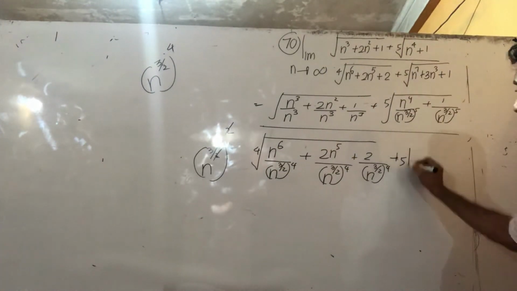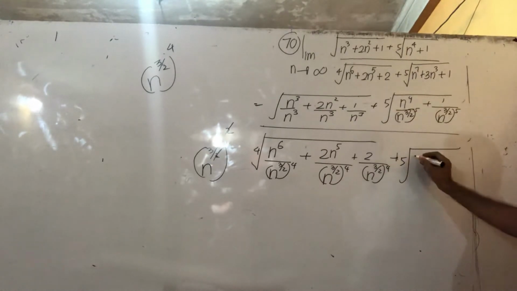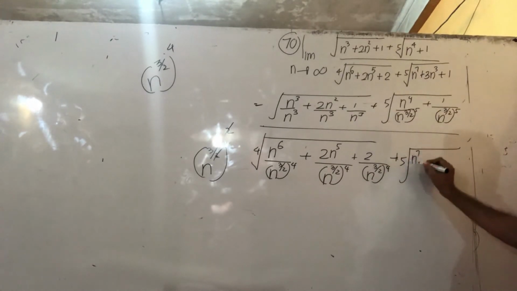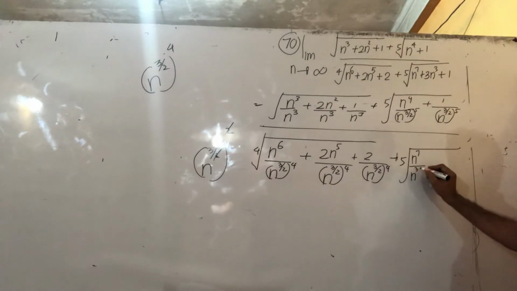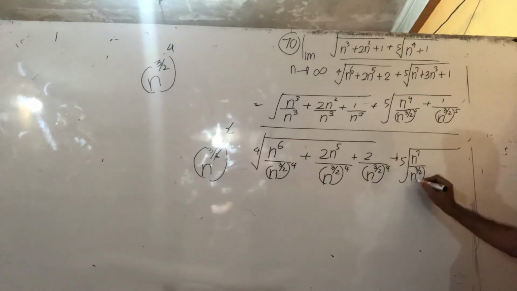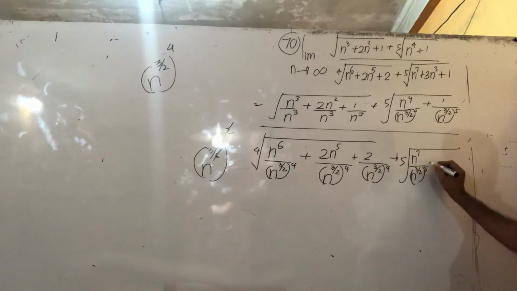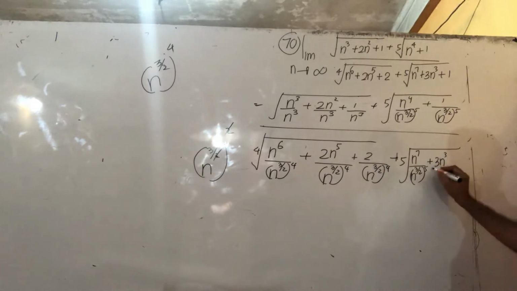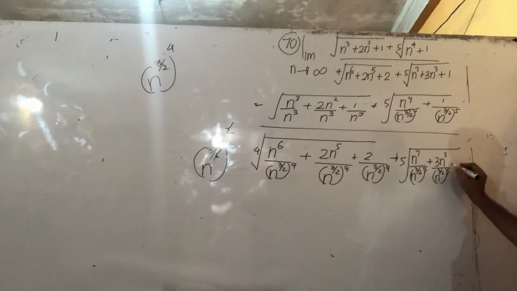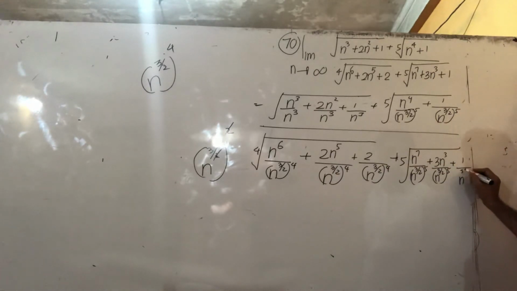Fifth root. As I mentioned here, divide n to the power 7 by n to the power 3 over 2 to the power 5, plus 3n cube divided by n to the power 3 over 2 to the power 5, plus 1 over n to the power 3 over 2 to the power 5, right?